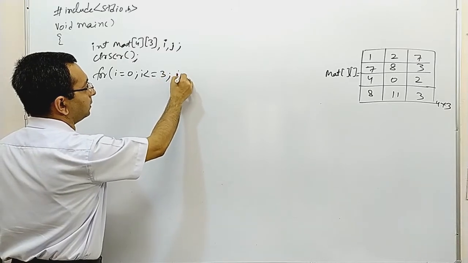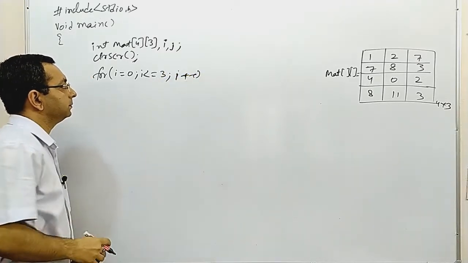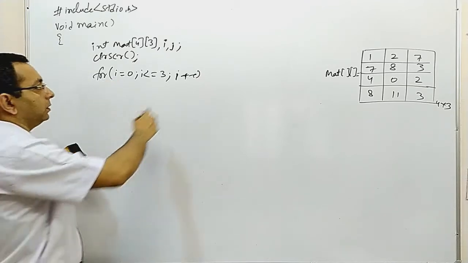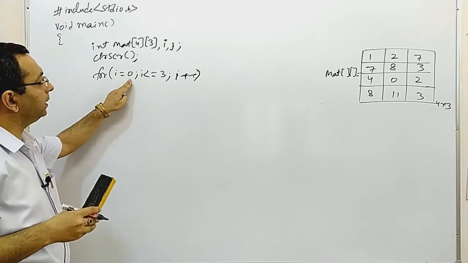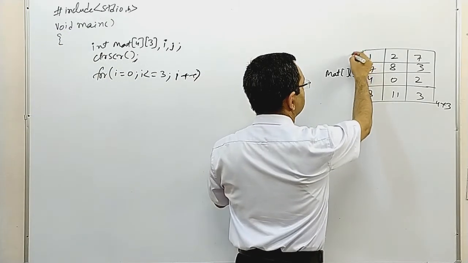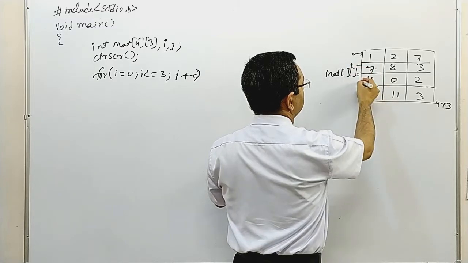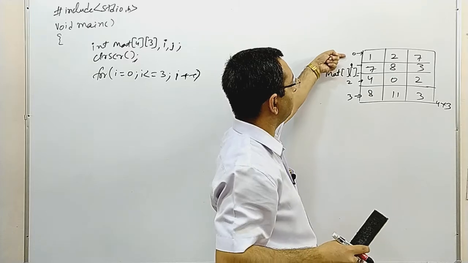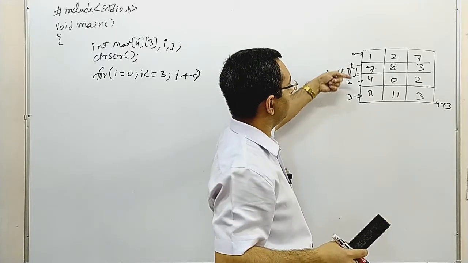Why are we taking 3? Let's discuss. We are taking the loop I for row, and we have taken 0 to 3. So this will be the 0th row, this is the first row, this is the second row, and this is the third row. So that's why we have taken for row 0, 1, 2 and 3.